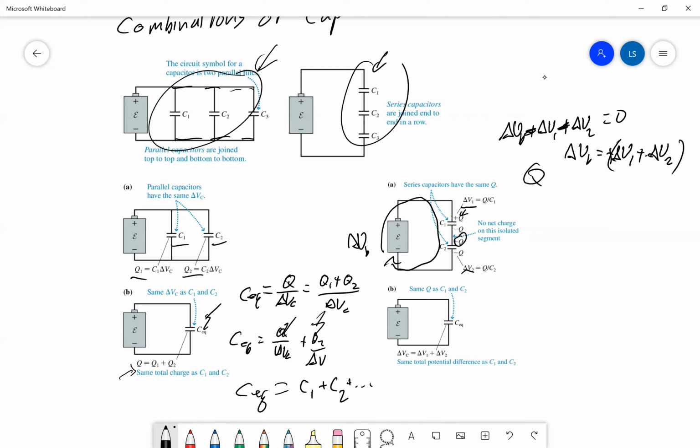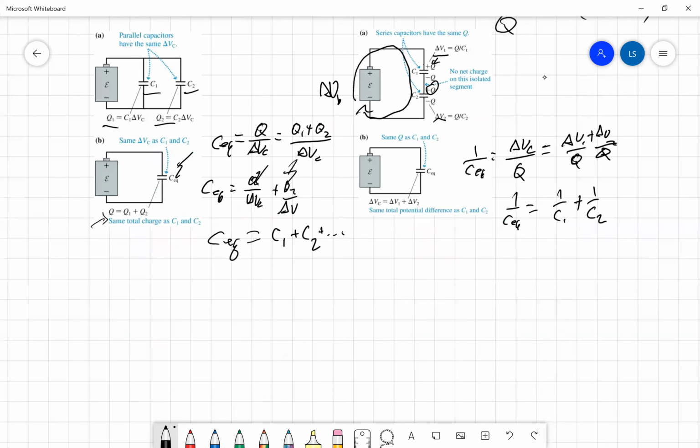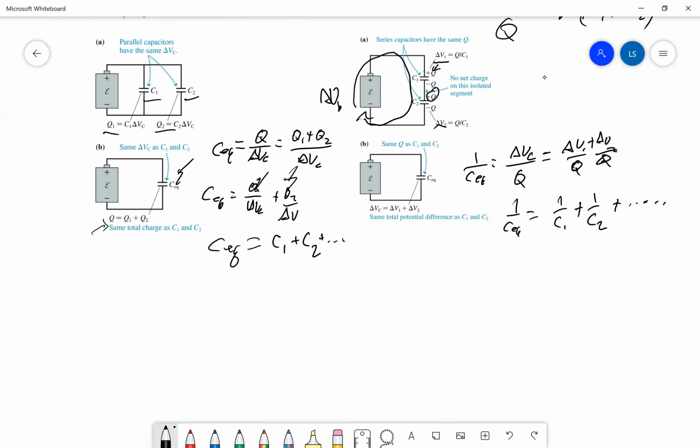So we say 1 over C equivalent is equal to delta V_C over Q. You have to store the same amount of charge on your capacitor, which is equal to delta V1 plus delta V2 over Q. So we have 1 over C equivalent is equal to 1 over C1 plus 1 over C2 plus, and you can extend that out, etc. We typically write this as C equivalent is equal to (1 over C1 plus 1 over C2 plus dot, dot, dot) to the negative 1.